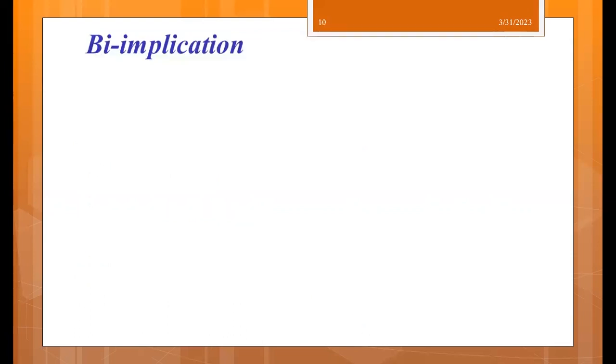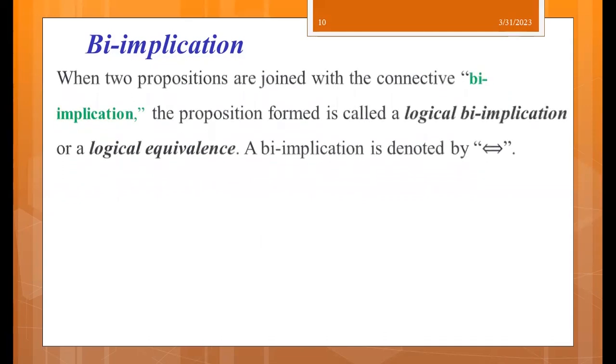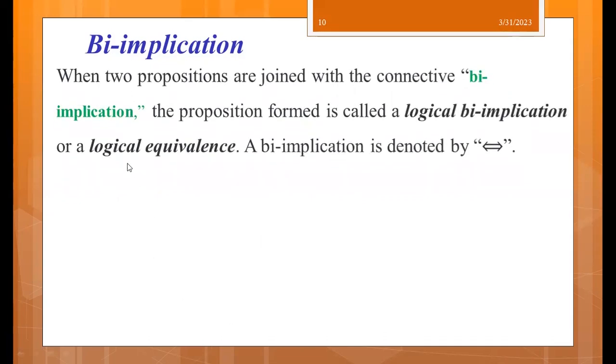Okay, the fourth logical connective will be biimplication. In the case of biimplication, when two simple propositions are joined by the connective which is biimplication, then the proposition formula is said to be a logical biimplication, or logical equivalent.